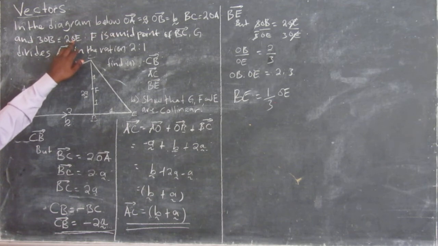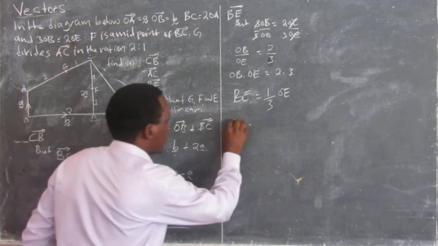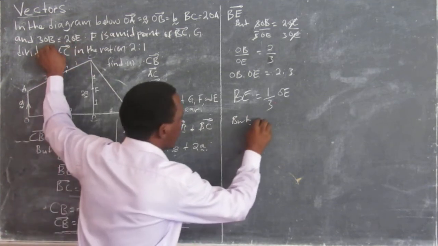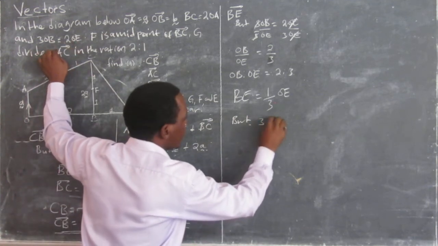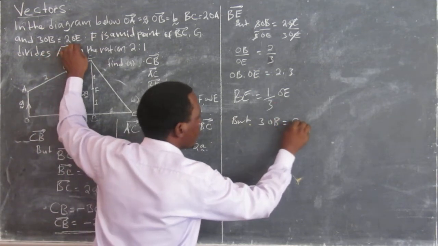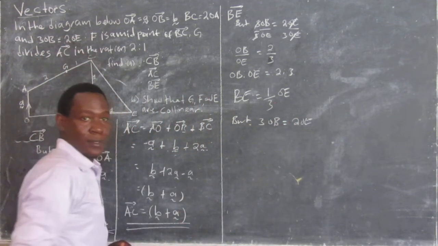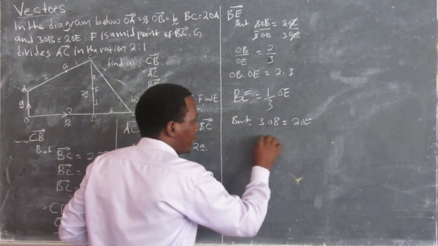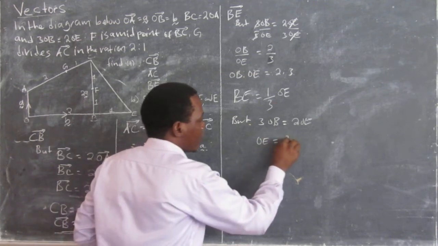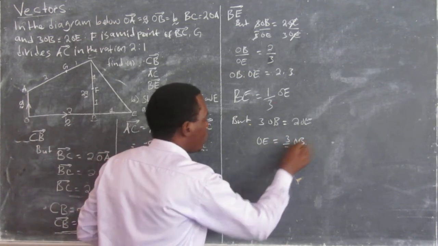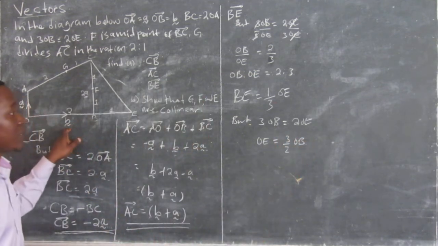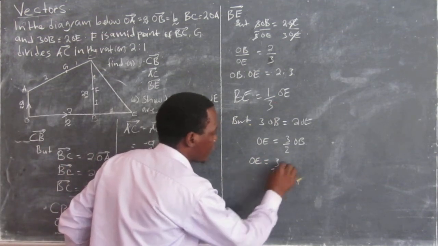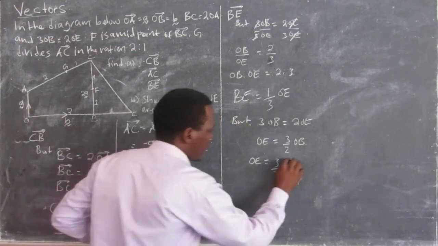But remember here, OE: from this relationship here, 3 of B is equal to 2 of E, meaning that OE is the same as saying 3 out of 2 of B. Since we have our OB here, it is B, therefore we shall say OE is equal to 3 out of 2 times B.